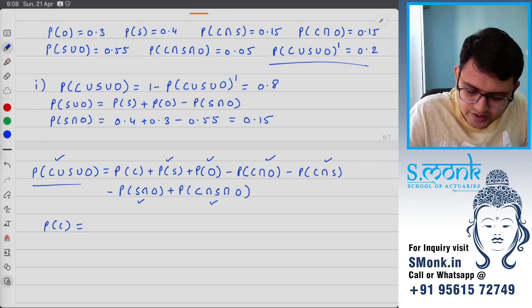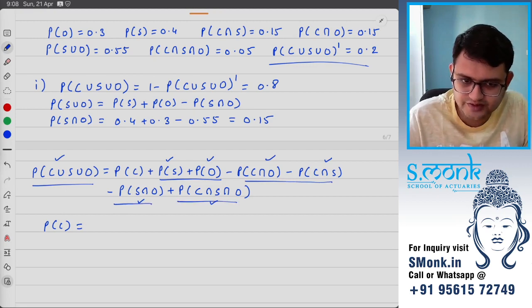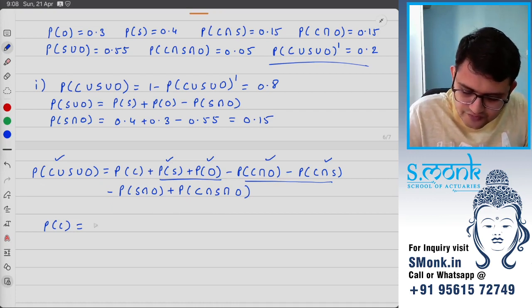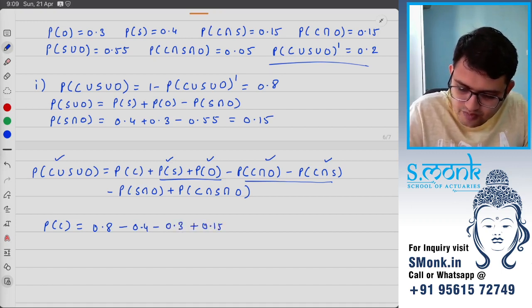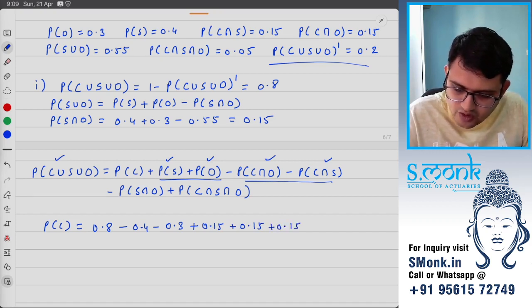PC is going to be this union minus these two, then plus these three, and then minus this. So first of all, the union was 0.8, minus PS 0.4, minus 0.3, then plus 0.15 plus 0.15, then plus 0.15.